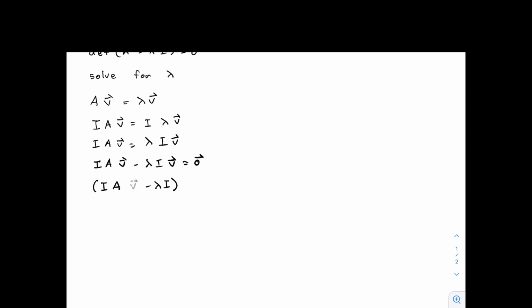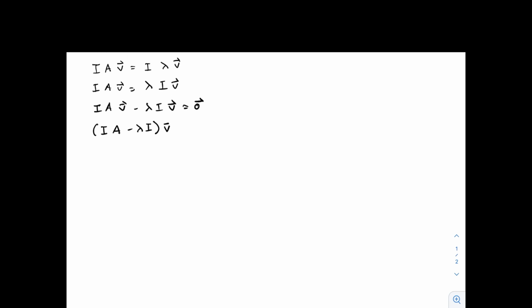I made a little bit of a mistake. Let's clean this up. Equals the zero matrix, the zero vector. And the final transformation is A minus lambda I times some vector v is equal to the zero vector.